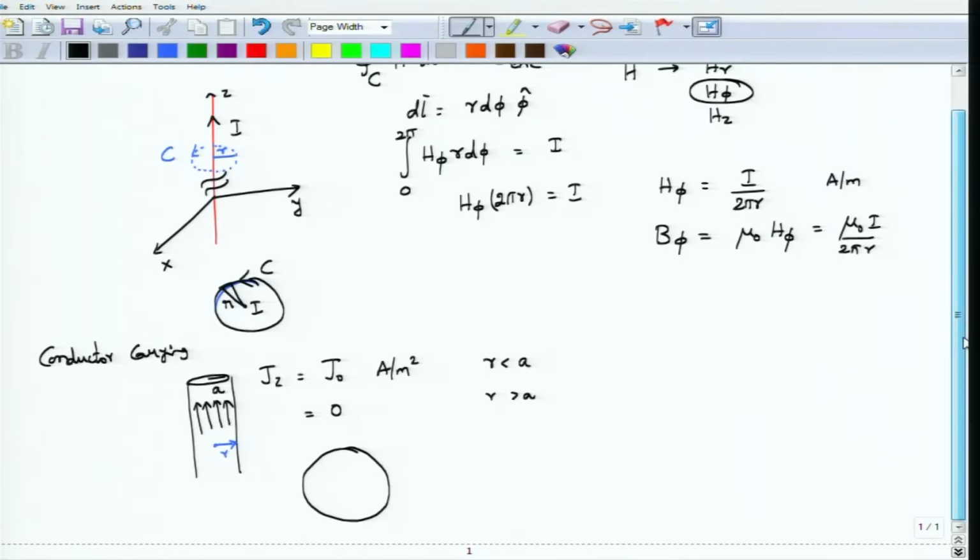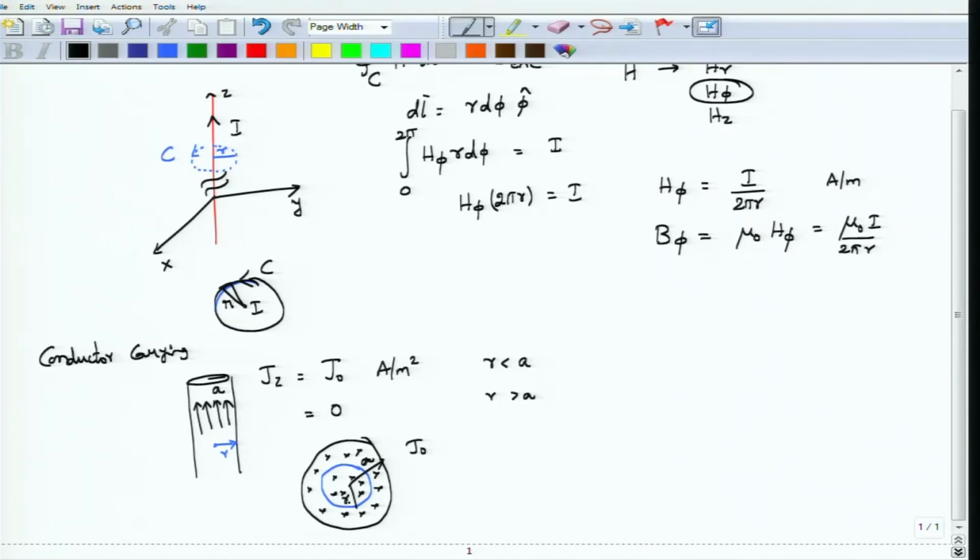So, considering first the inside case, this is the wire, the black colored thing is the wire, and remember this wire is not hollow, it is actually solid, completely filled, and everywhere you have the current density J that is coming out, and it would actually be uniform and is given by J0. So, this radius is a and we are considering inside a radius r in order to apply this Ampere's law.